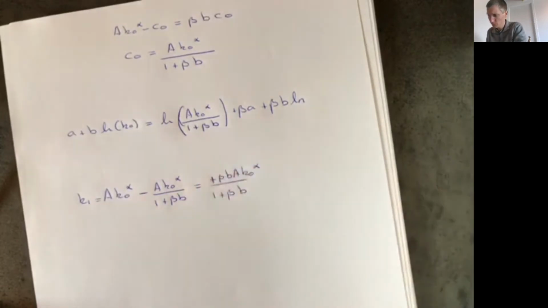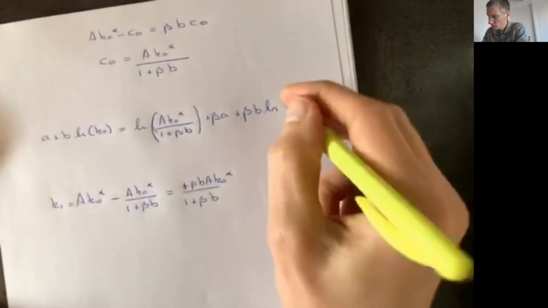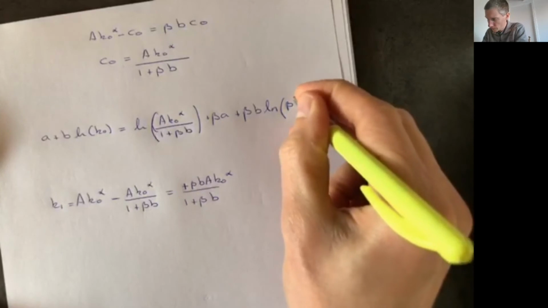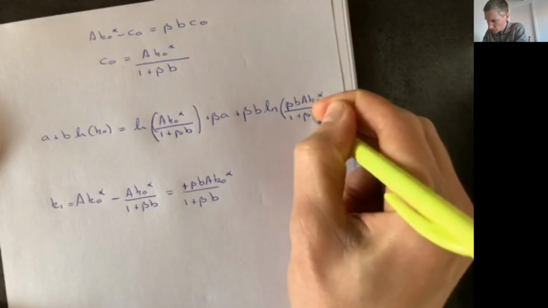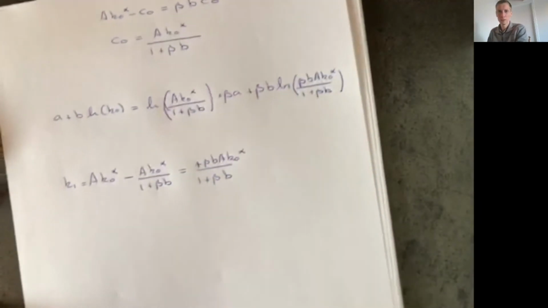It's a plus, sorry. So let me put it here, beta b a k0 to the power alpha over 1 plus beta b. Okay, so this is what I have.